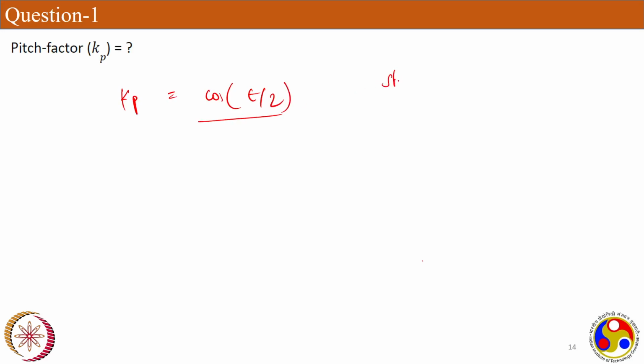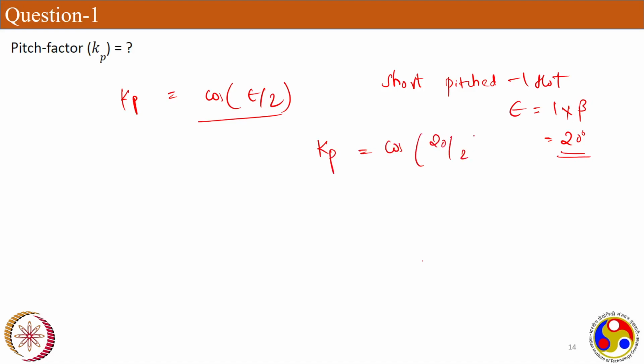Now since it is short pitched by one slot, epsilon is equal to 1 times beta. Each slot will have a beta, so one slot is 1 beta, that is 20 degrees here. Now Kp will be cos 20 by 2, cos 10.